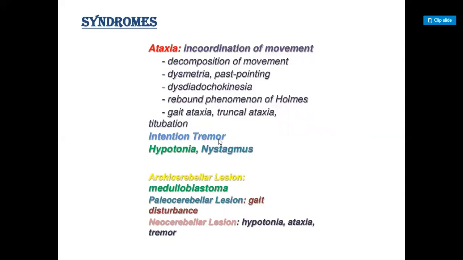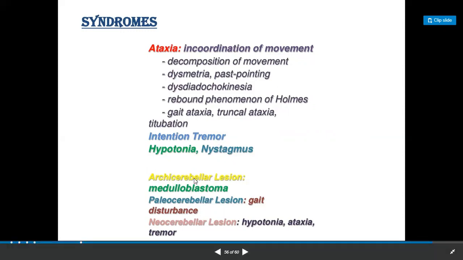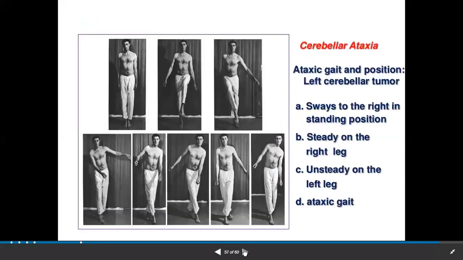Suppose a person starts to do some work, he will start shivering. Hypotonia: muscle tone is reduced. Nystagmus: to and fro movements of the eyeball. We have archicerebellar lesion related to medulloblastoma, paleocerebellar lesion with gait disturbance, neocerebellar lesion with hypotonia, ataxia, and tremor.